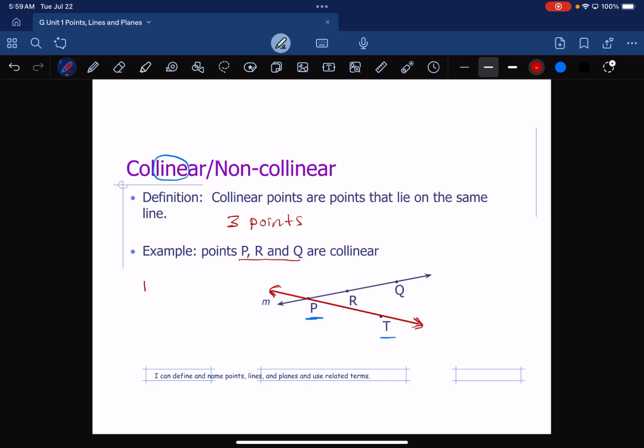But I couldn't say P, T, and Q because there's no way to make a straight line through P and T and Q. So we would say that P, T, Q, they are non-collinear. Okay? They cannot be on the same line. The line would be crooked. And lines have a straightness property. Lines are always straight. They don't curve. They don't bend. Okay? So that's collinear, non-collinear. Collinear on the same line, non-collinear not on the same line.